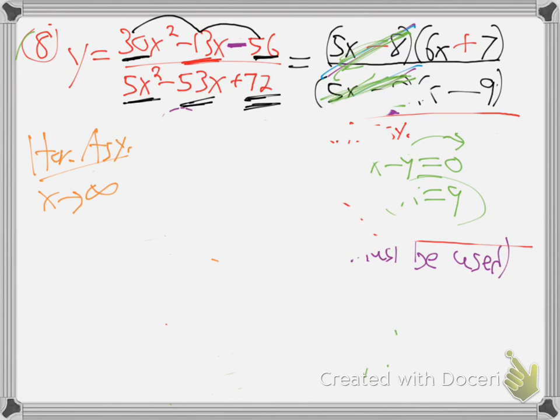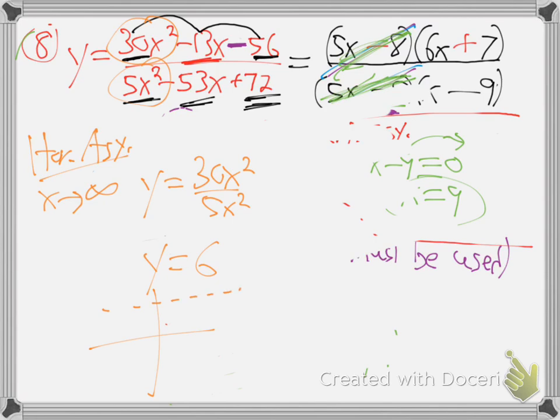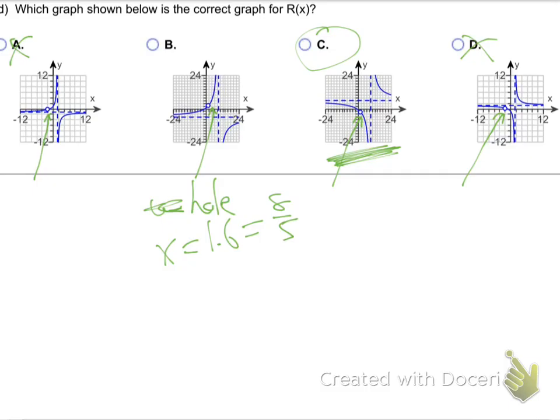All that matters is the most powerful term. So it's going to be 30x squared over 5x squared, which is just 6. So that's a flat. There's no x there. That's a flat horizontal asymptote up at 6. That's how I knew the answer was C, because it was up here, not down there.